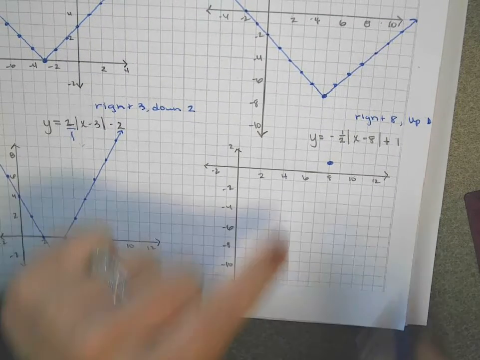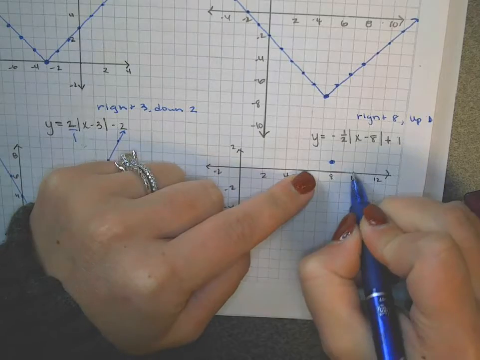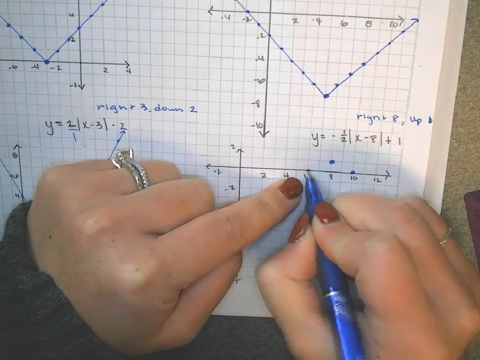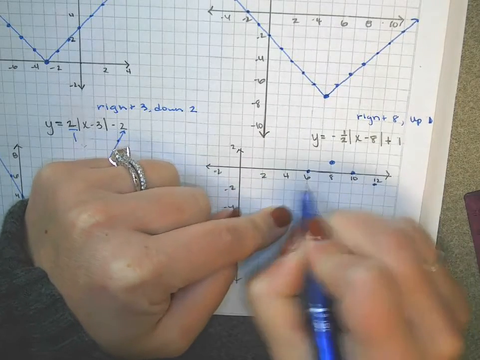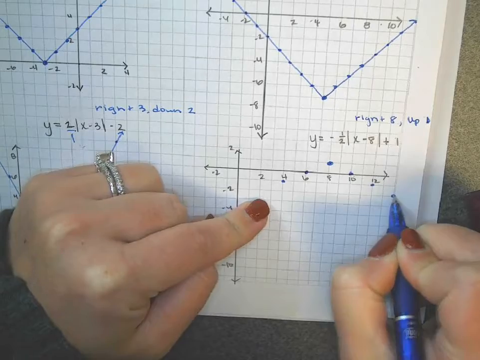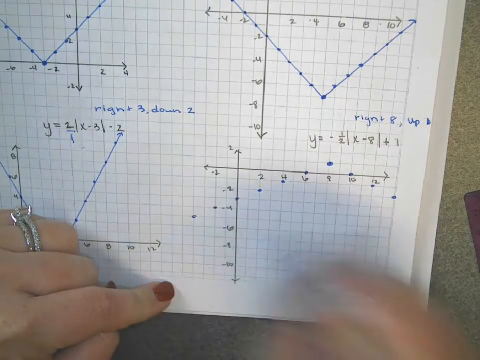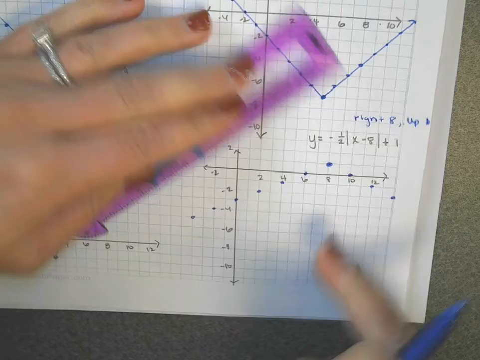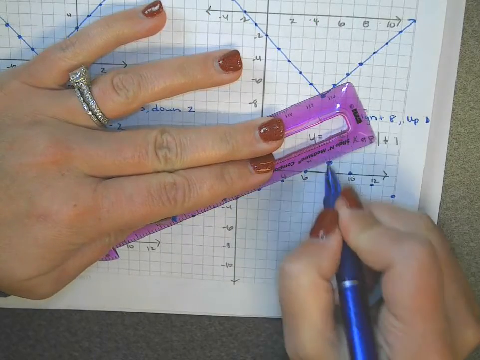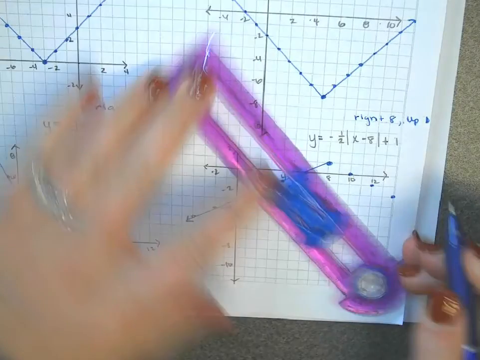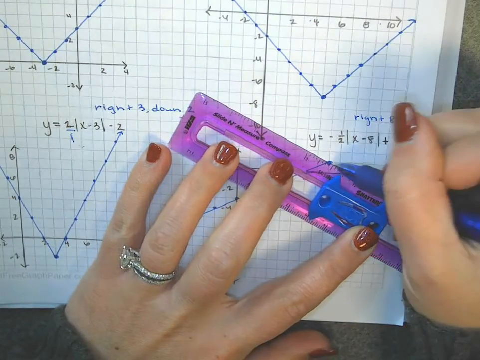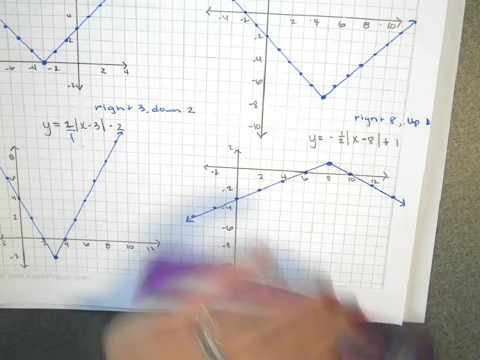The 1/2 tells you that it goes down 1, out 2. Down 1, out 2. And that's your graph.